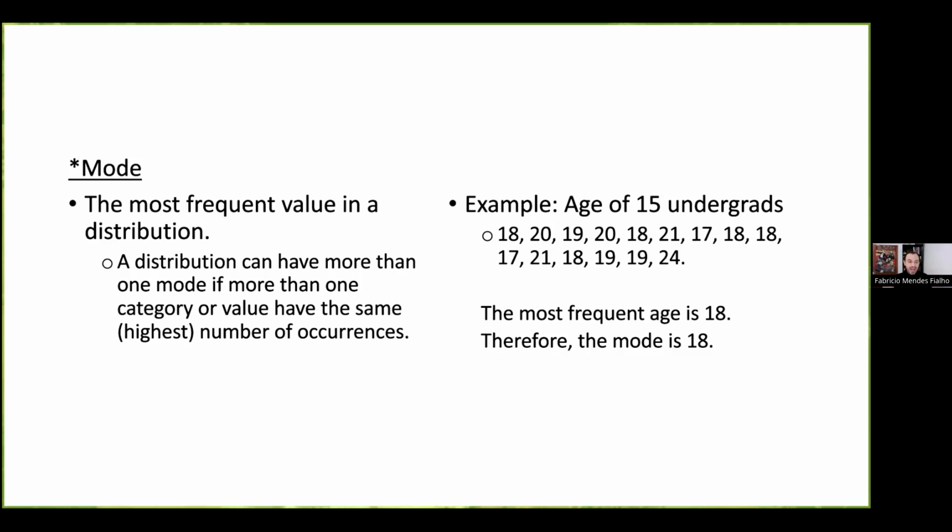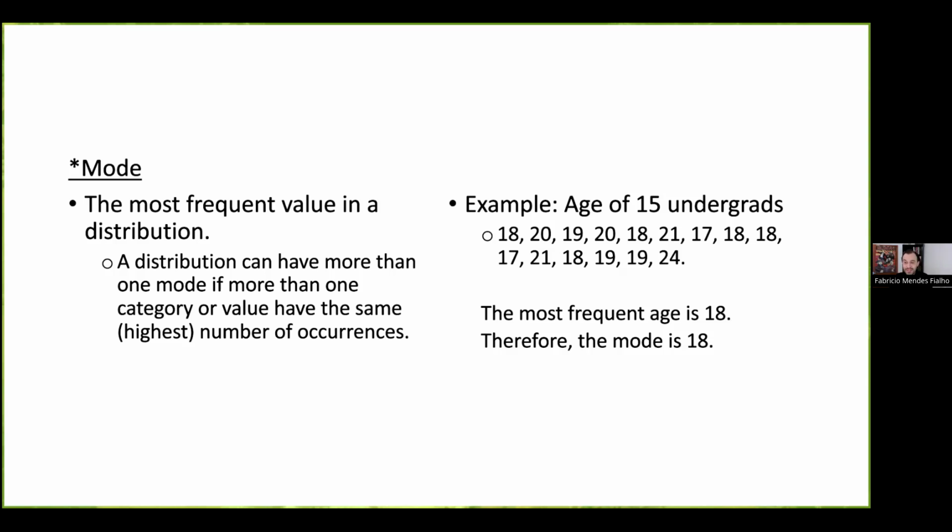For instance, if you have two values or categories that are equally frequent, we may have two modes, like a camel or dromedary. I never know which is which. Imagine that the distribution of the age of our students had two modes.